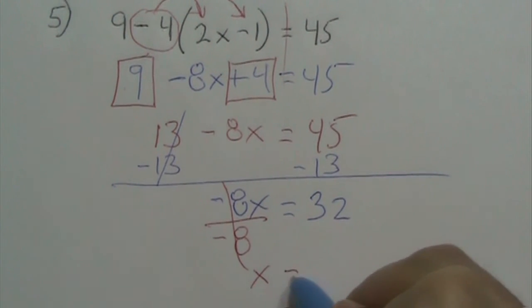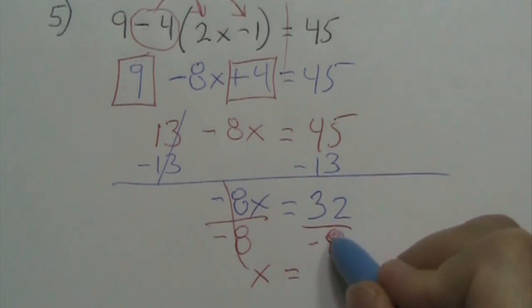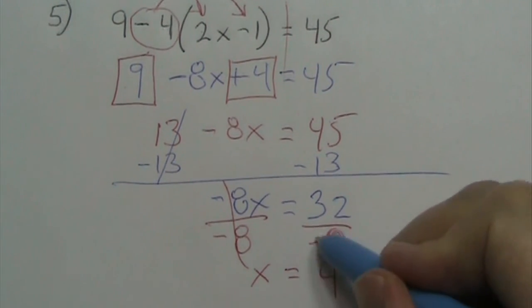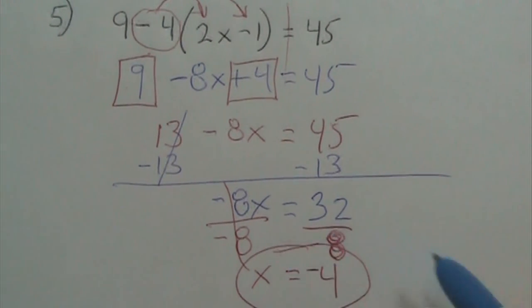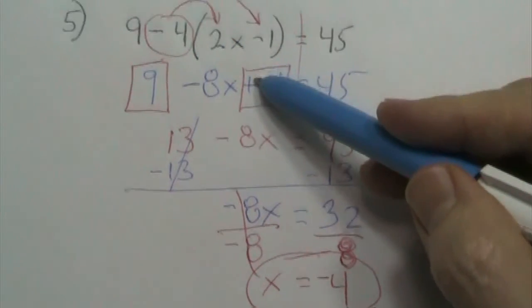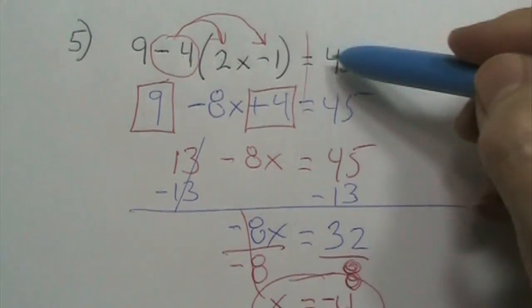And that gives you an x. Eight goes into 32, 4, and there's one negative. To check it, place negative 4 in here, up at the top, back in there to see if it works, to see if the left side will equal the right side.